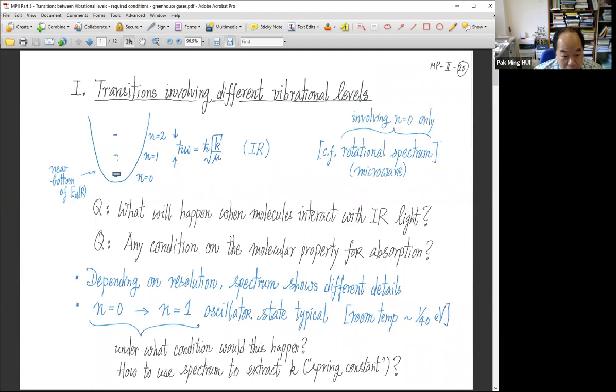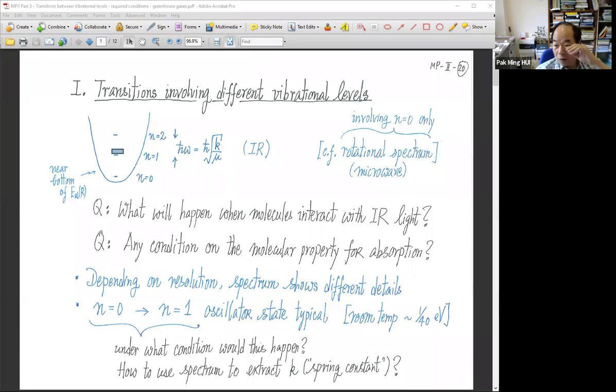We will make a transition to n equals 0, L equals 2, and that will be the real problem. Okay? So at the end, you will see, for good resolution, we will be doing something called vibrational rotational spectrum.